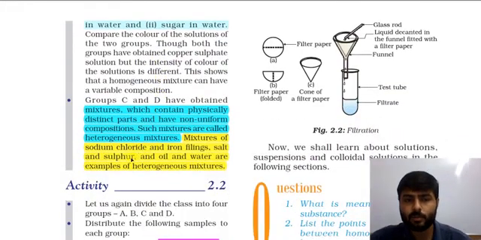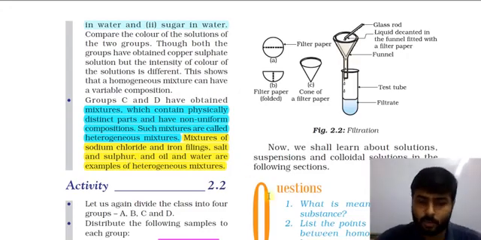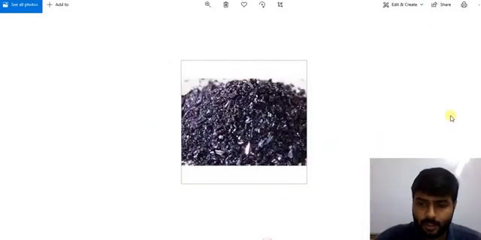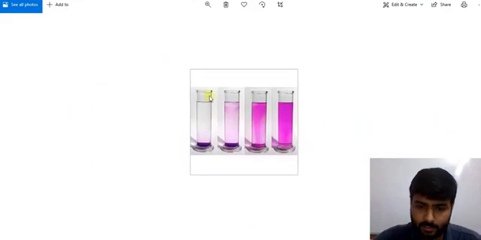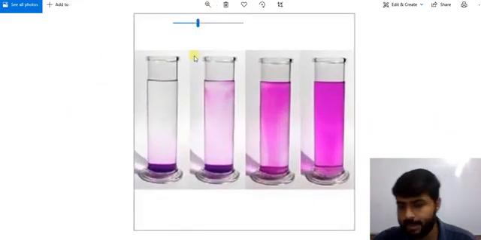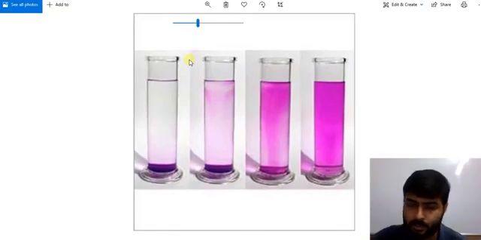Compare the color of the solution of two groups. Though both groups have obtained copper sulfate solution, the intensity of color of the solution is different. As we can see here, this is made up of potassium permanganate, but if we mix copper sulfate, it will be bluish in color.